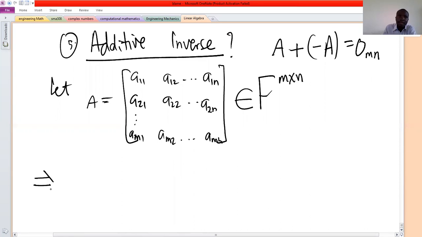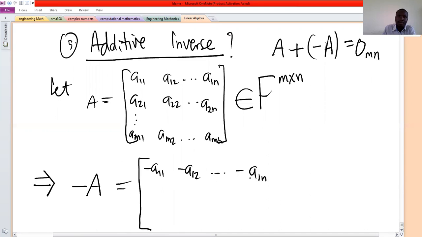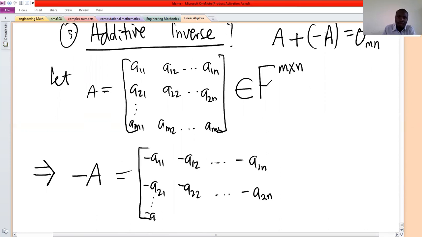Then this implies that negative A will be the matrix negative A11, negative A12 up to negative A1n, negative A21, negative A22, negative A2n, negative AM1, negative AM2 up to negative AMN.